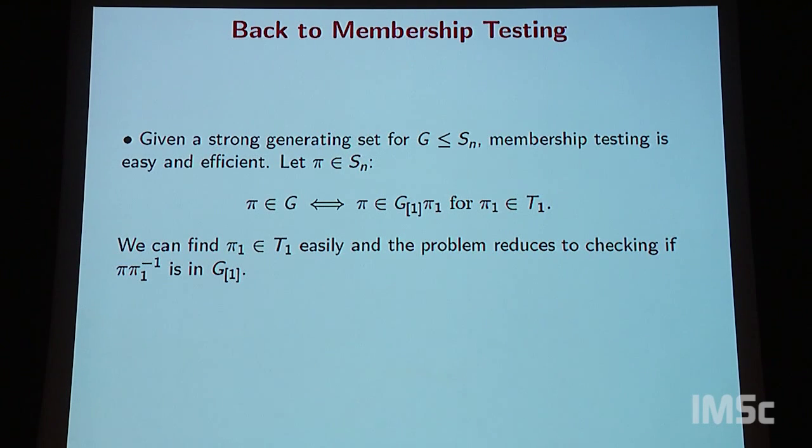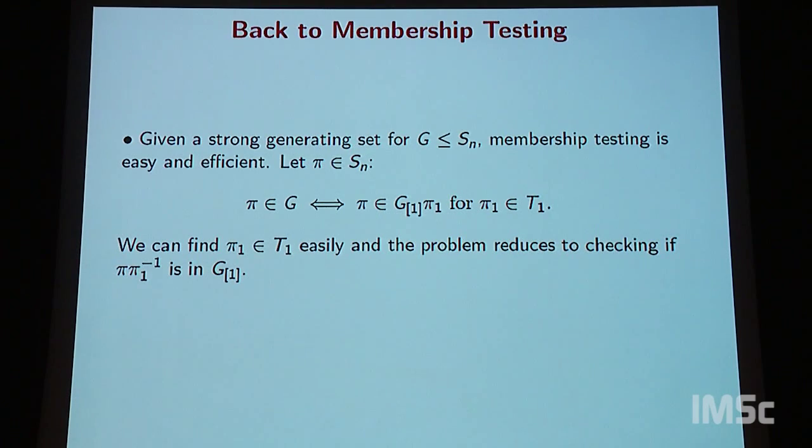So this is what I just told you. Once I have a strong generating set, membership testing was very easy for me because pi is in G if and only if pi is in G1 of pi 1 for some pi 1 which is the first transversal, one of the cosets.